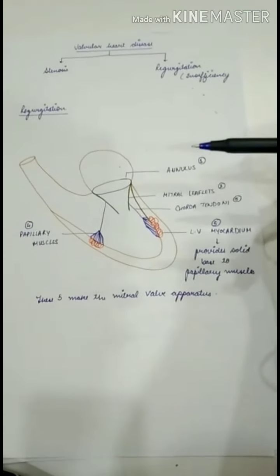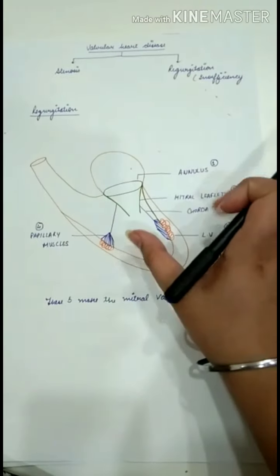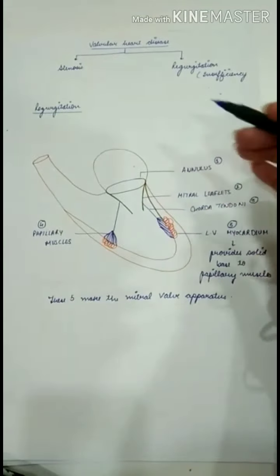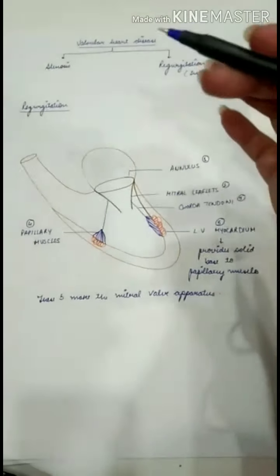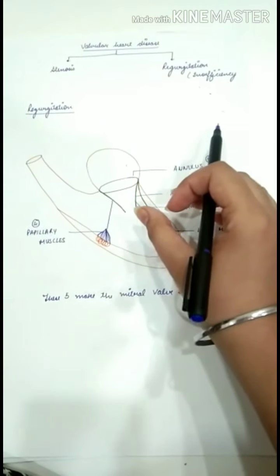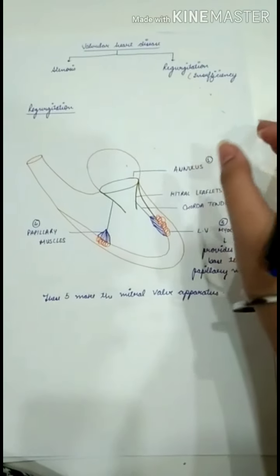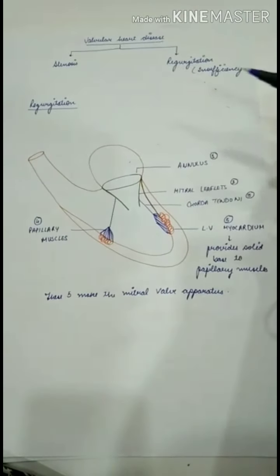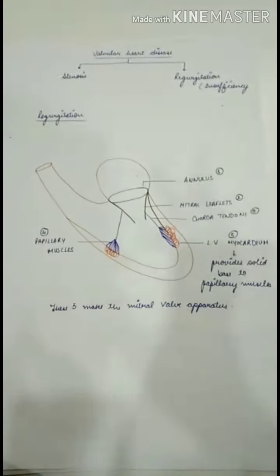Now what is regurgitation? When the ventricular systole starts, the mitral valve should close and prevent the flow in reverse direction. But if, due to any reason, on ventricular systole the mitral valve fails to close properly and allows the flow in reverse direction, we say valvular regurgitation or valvular insufficiency.